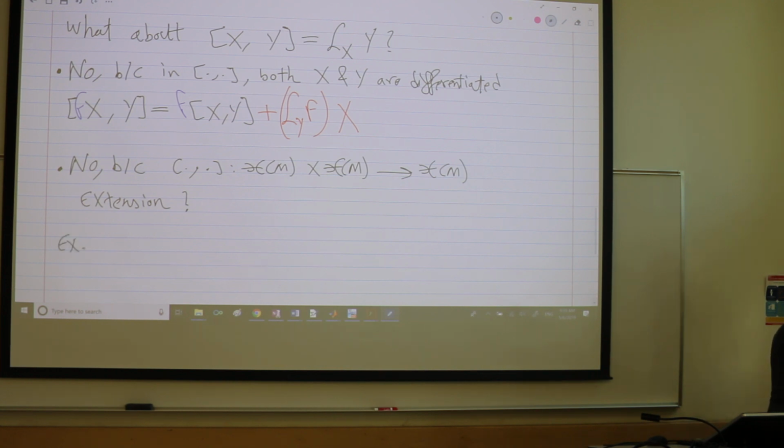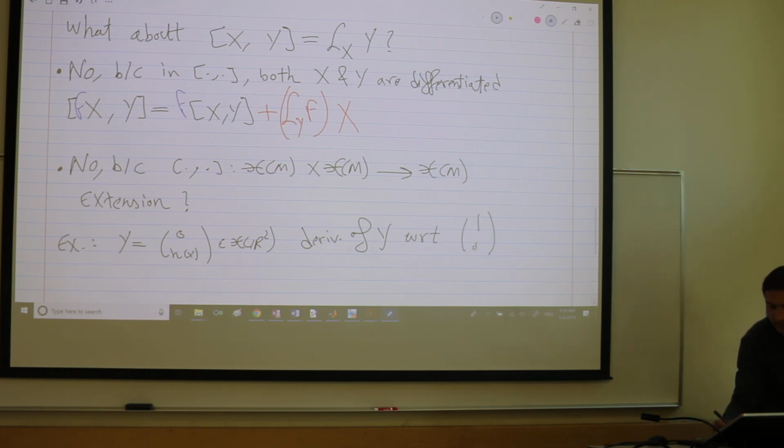So here is an example. Let's say I have y that is whatever, some vector field that you want to differentiate. This is a vector field on R2. And I want the derivative of y with respect to this vector, 1 and 0.